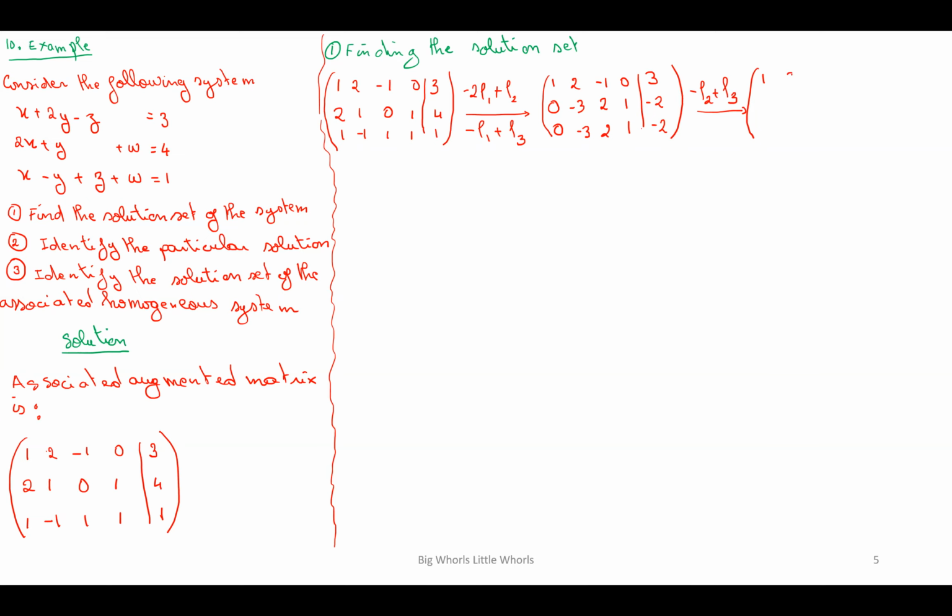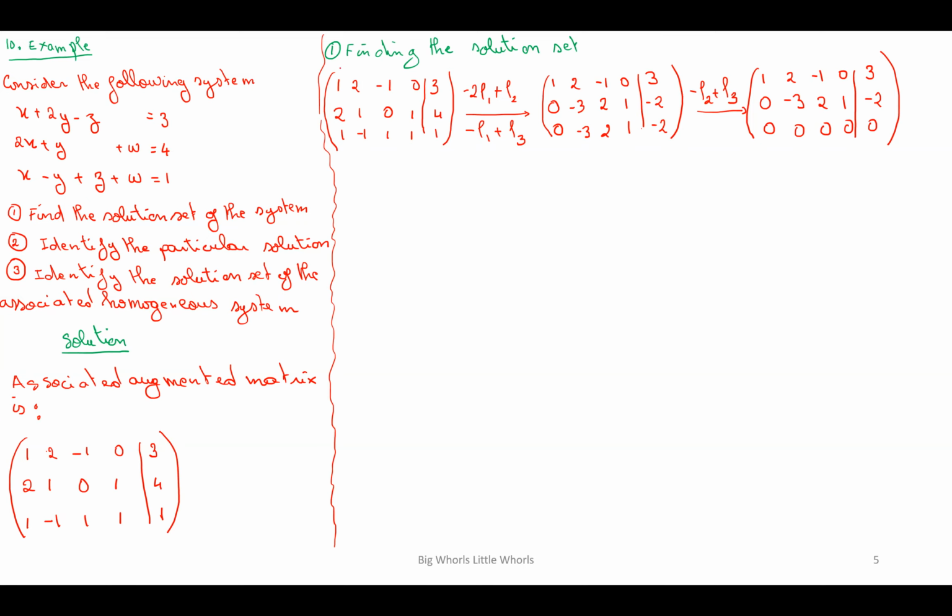So we have 1, 2, minus 1, 0, 3, then 0, minus 3, 2, 1, minus 2, and here we have 0, 0, 0, 0, 0. Okay, so we have finished with Gauss's method.